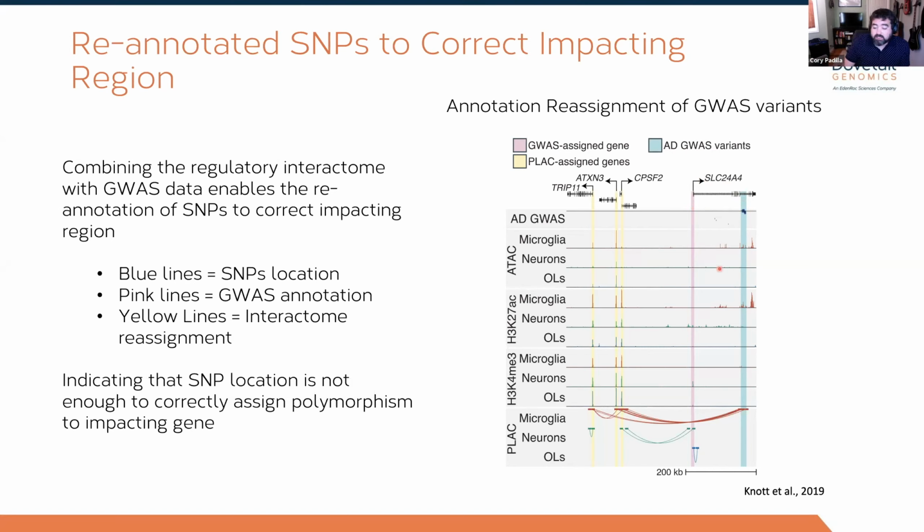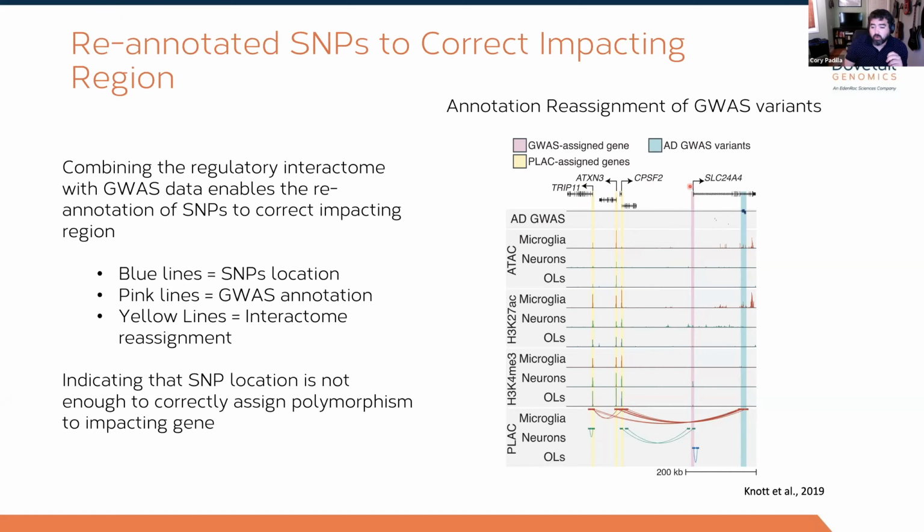What we're actually seeing is that if we look at the interactome data, that 3C data type, we can see that this SNP is very much linked to these genes over here, the TRIP, the ATXN, and the CPSF.